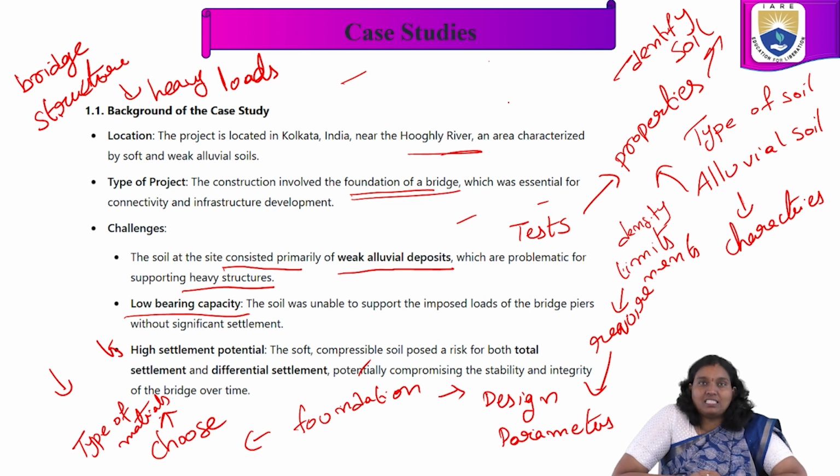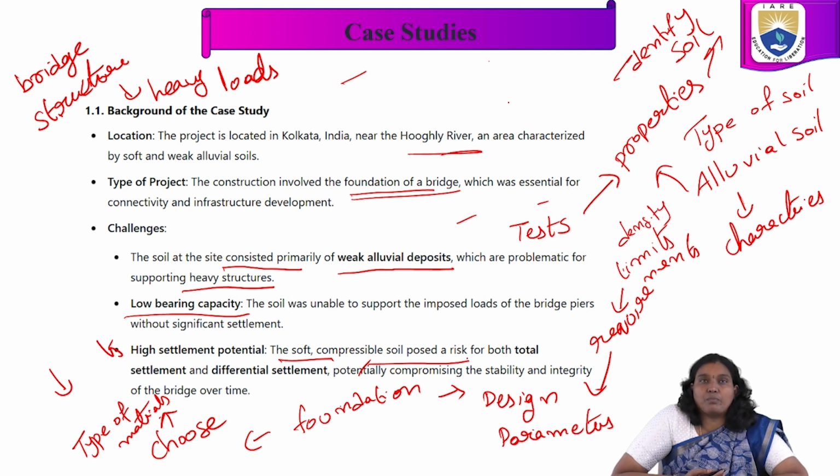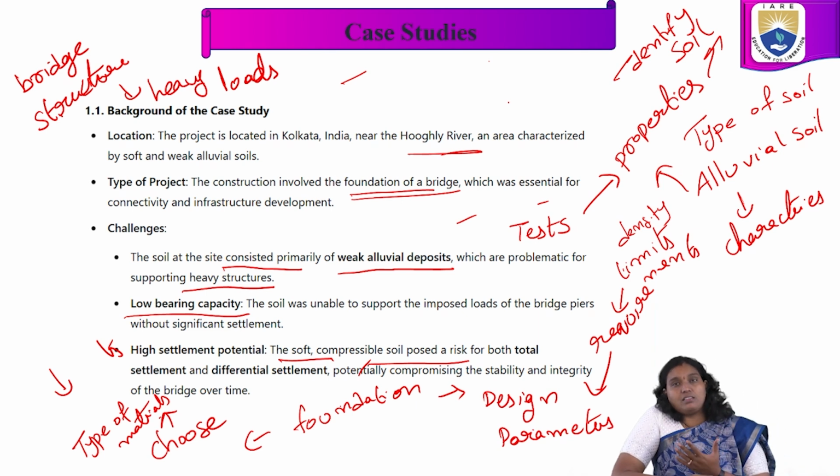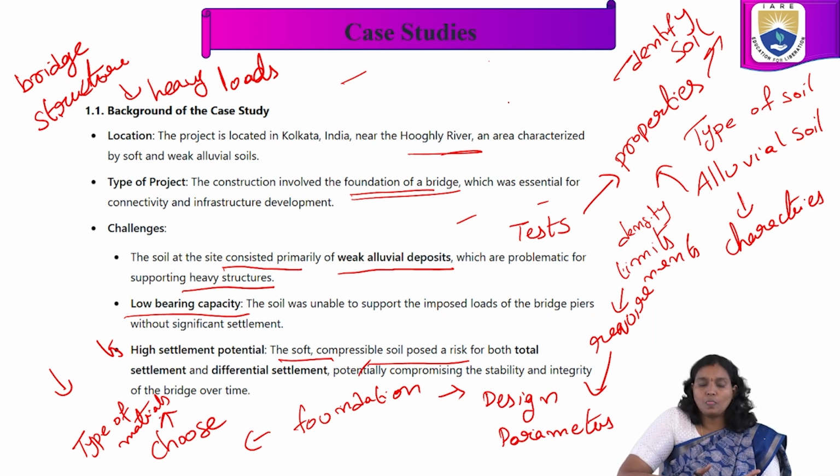One more thing is high settlement potential. This soft compressible soil posed a risk for both total settlement and differential settlement. The settlement may not be equal. Because of the nature of the soil and the type of bridge construction we are doing, we have heavy loads and heavy machineries.